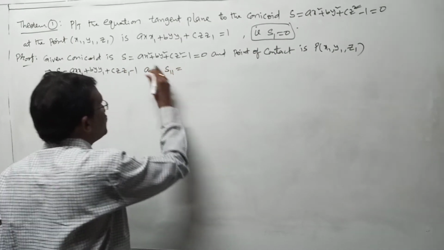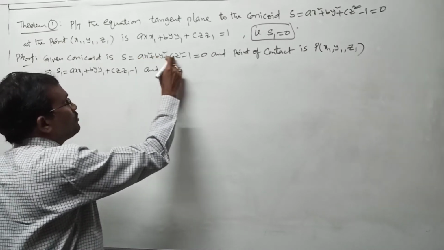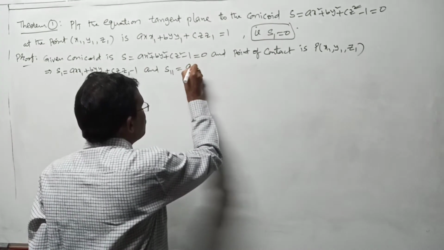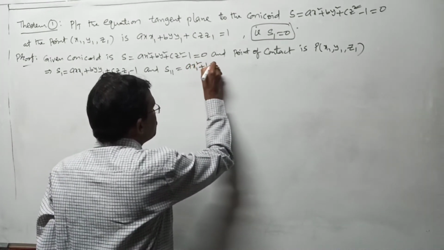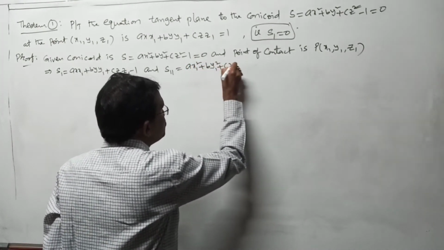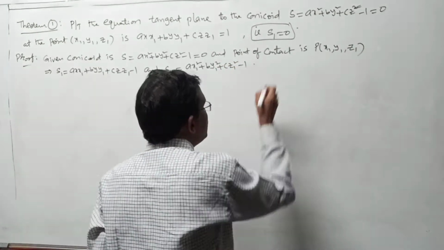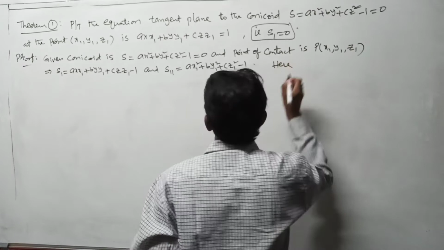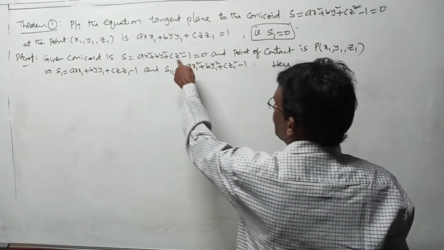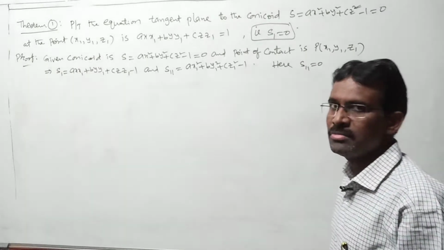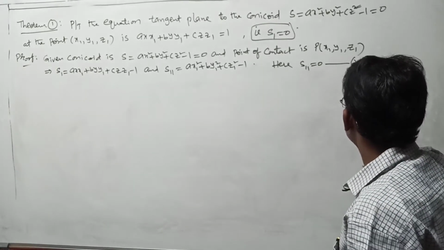Replace x with x1, y with y1, z with z1, you get S11: ax1 square plus by1 square plus cz1 square minus 1, right? Here clearly, the condition I am writing: S11 is equal to 0. Yes, absolutely possible. Take it as number 1.